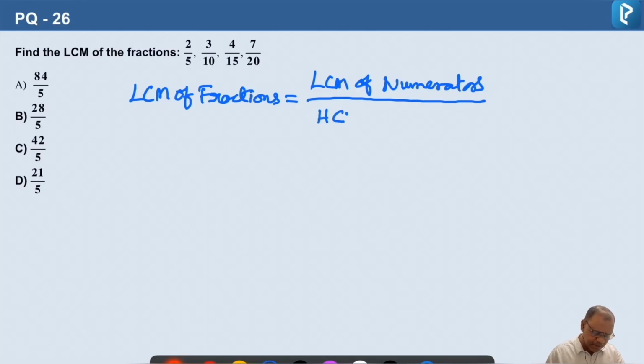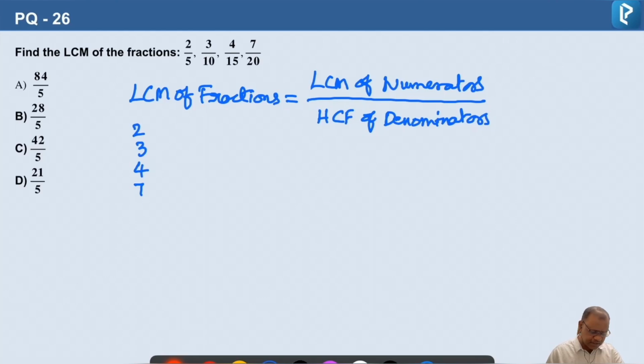We should use this formula here. So what are the numerators here? 2, 3, 4 and 7.